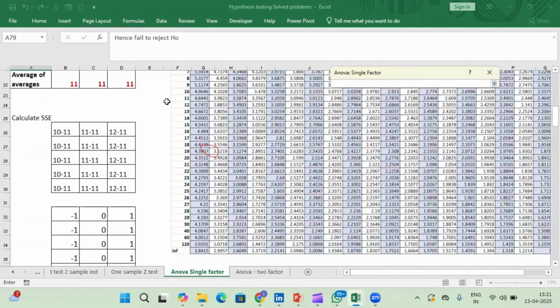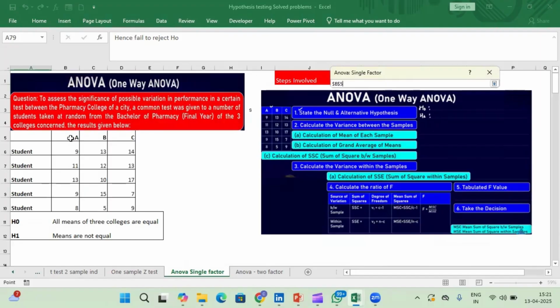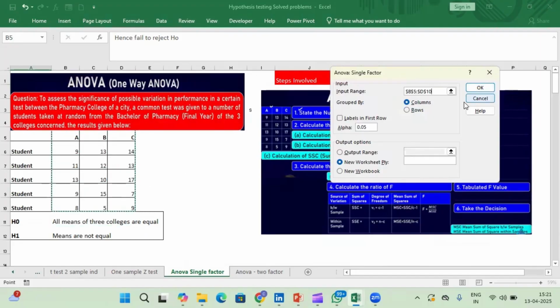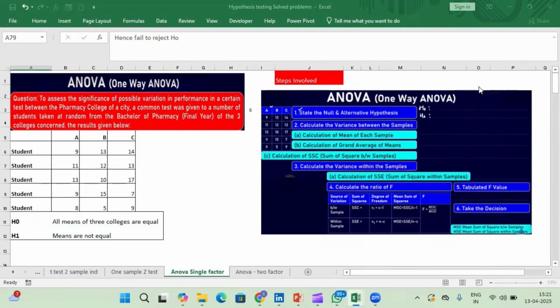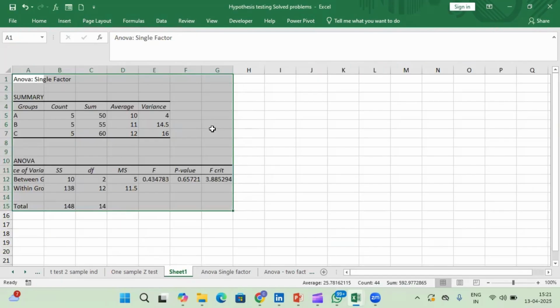The input range is here. Don't take the student names, just take A, B, C and define first. Then come here, grouped by columns, and columns are there, therefore that is selected. And where do I want to have it? Let me have it in a different place, in a new worksheet. And I say okay.